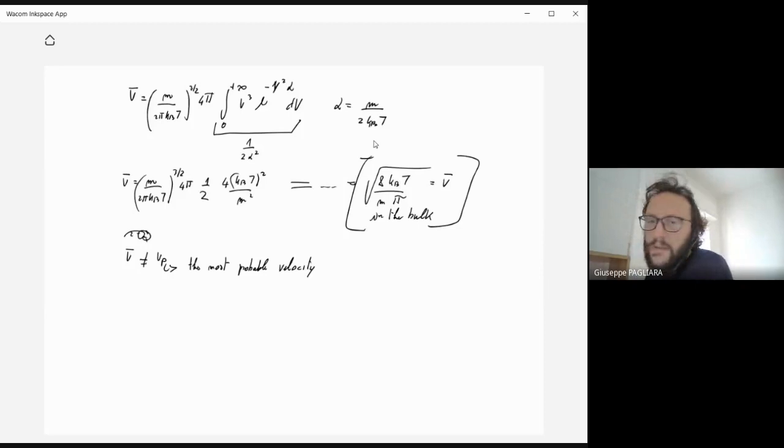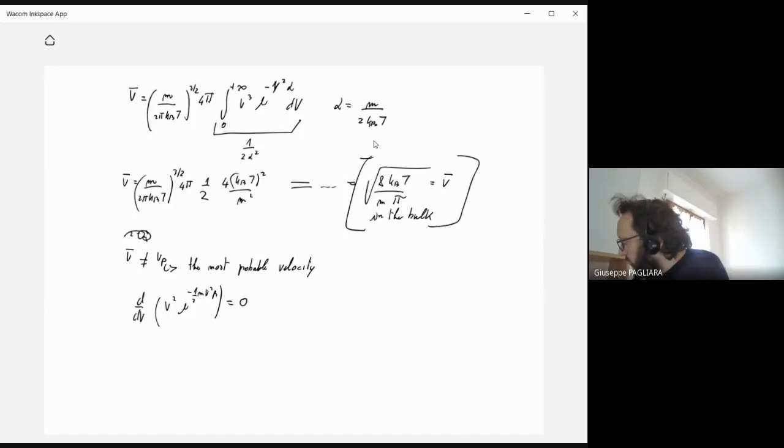This is due to the fact that the distribution of the velocity of particles is asymmetric, is a v squared times the exponential of minus something v squared. The most probable velocity can be computed indeed as follows. I have to take the derivative with respect to v of my distribution, which was a v squared exponential of minus m v squared beta, and put it to 0.